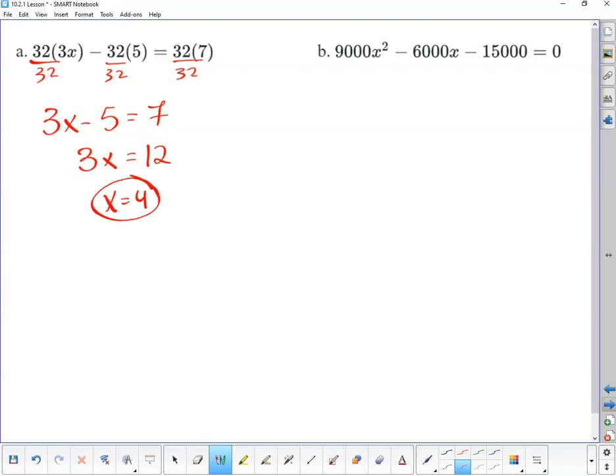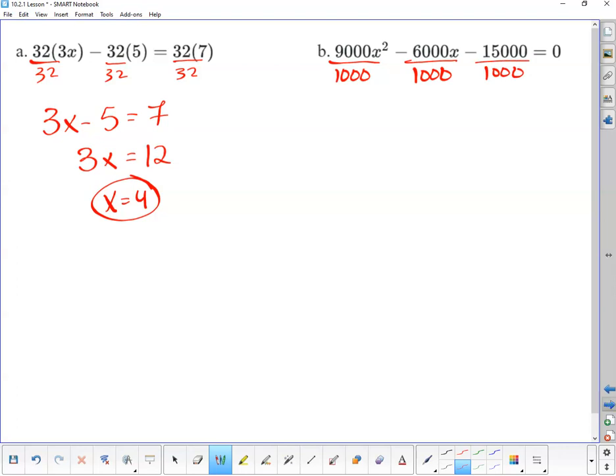Who doesn't like that? Now, if you look at the next one, we have 9,000 x squared minus 6,000 x minus 15,000 equals 0. And if you find yourself saying a word over and over and over again, it is probably that number. So we have 9,000, 6,000, 15,000. So the first idea I would have is divide by 1,000, just to see where it takes us.